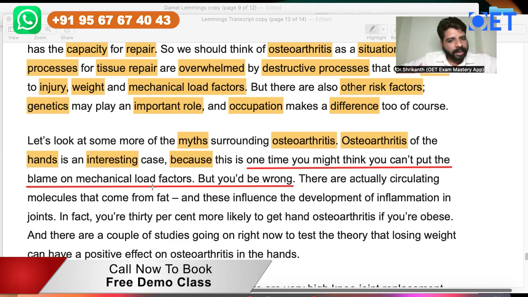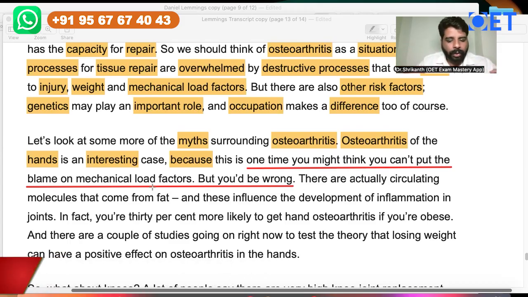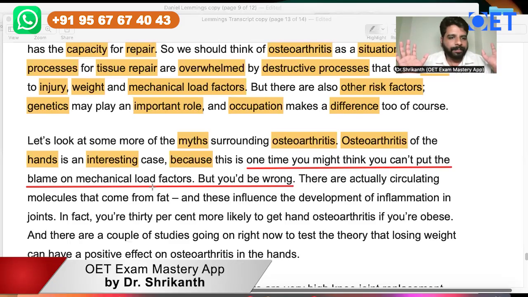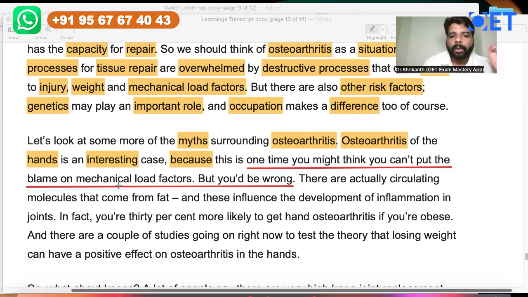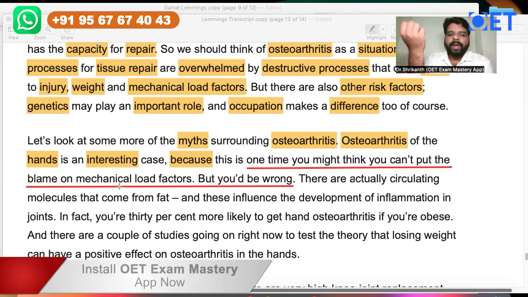Mechanical load means the joints have to carry so much weight. And he's saying this is one time you might think you cannot put the blame on mechanical load factors, because when it comes to the hands, is there any body weight?